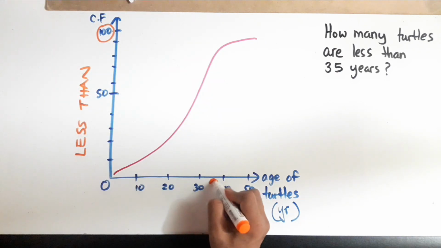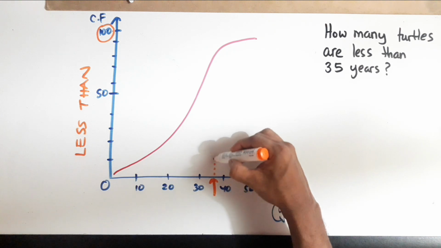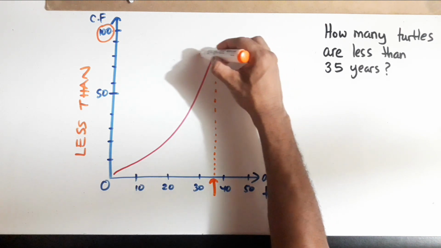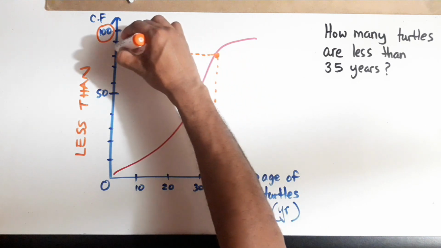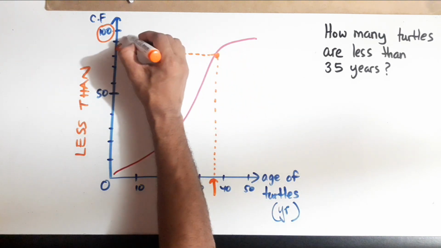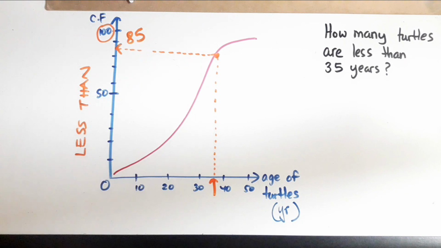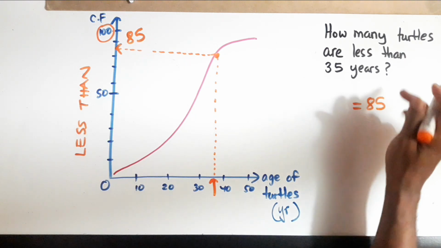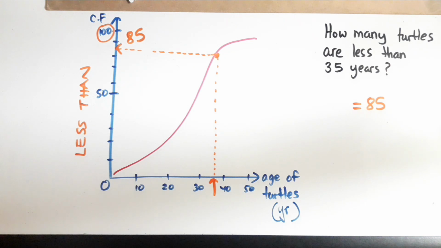So 35 is here, and this time we are going upwards. Wherever it hits the graph, we go straight across. So let's average this value. I think this is around 85. So 85 is the actual answer for this question, because they ask for less than, and the y-axis, once we read a value off, is automatically less than. So no tricks in that question.